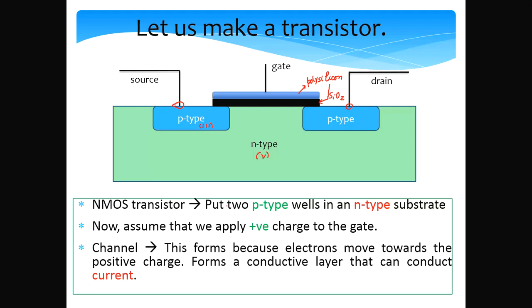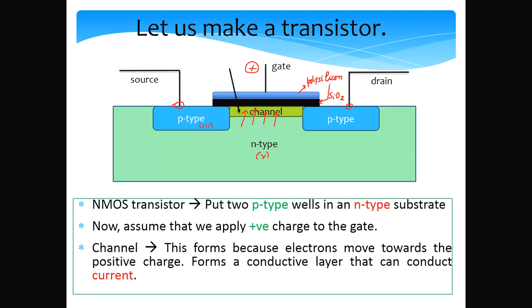Now let us assume that we apply positive charge to the gate. If we apply positive charge to the gate, what will happen? All the electrons will start migrating towards the gate.